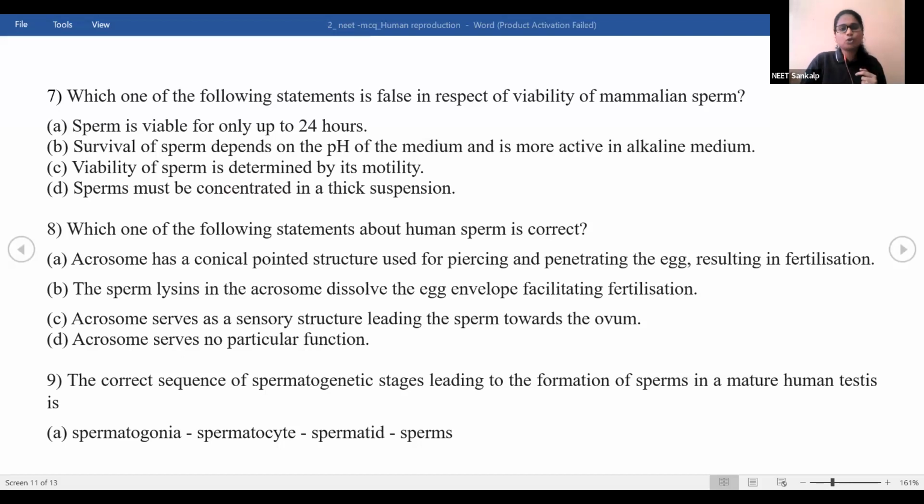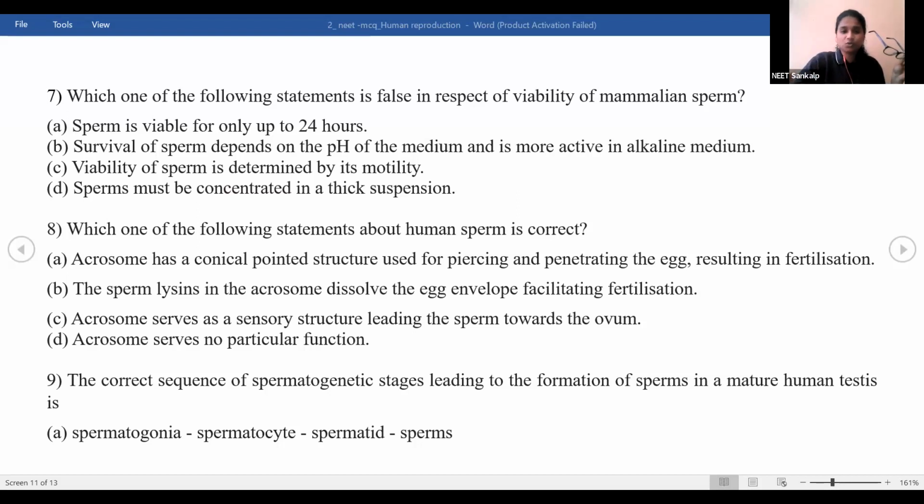Sperm is viable for only up to 24 hours. Survival of sperm depends on pH of the medium and is more active in alkaline medium. Viability of sperm is determined by its motility. Sperms must be concentrated in a thick suspension. What is your response? They are asking for the false statement.